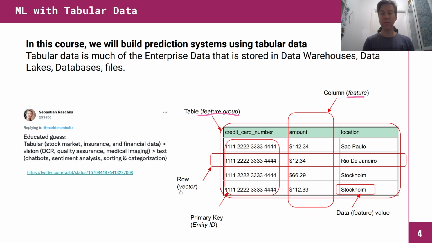A row will be referred to sometimes as a vector, and sometimes you'll refer to part of a vector. So you might say, well, just the features on this row, so that would be the feature vector. Primary keys we'll sometimes refer to as entity IDs, and then the actual data inside a given square in this table we'll call a feature value rather than just a data value. But remember, it's basically the same, mapping one-to-one to the database concepts if you've taken a course in databases before.